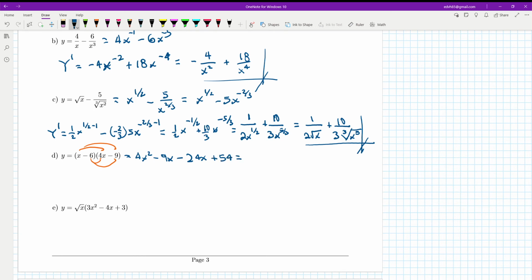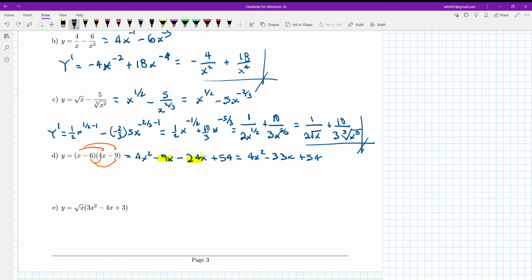All right, let's keep combining like terms, in particular these two, 9x and 24x, and that's going to give us 33x. All right, 4x squared minus 33x plus 54. Oh wait, no, that's not the final answer, that's just the foiling.